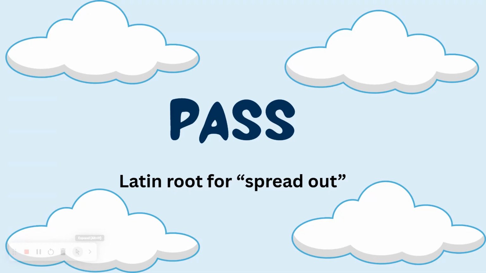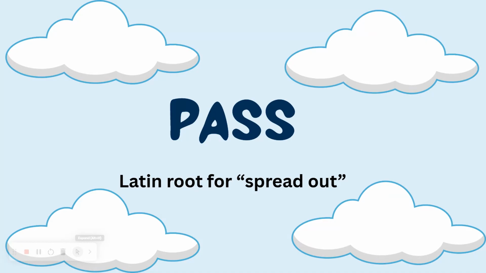Our next one is pass, and that is Latin for to spread out. So we use the word pass itself in the 21st century. If you need to go somewhere during class, you ask for a pass so you can spread out, get out of that learning experience. Am I right, people?